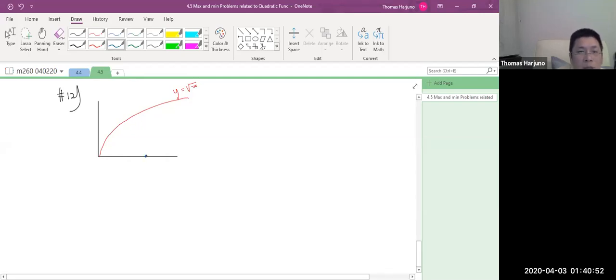Let's say it's here. This is 3, 0. What we need to do is find the coordinate P, (x, y), such that the distance to 3, 0 is the shortest.